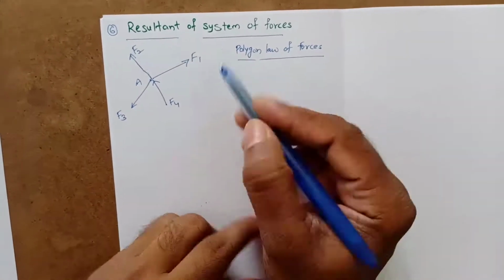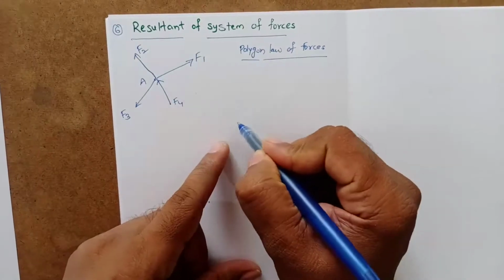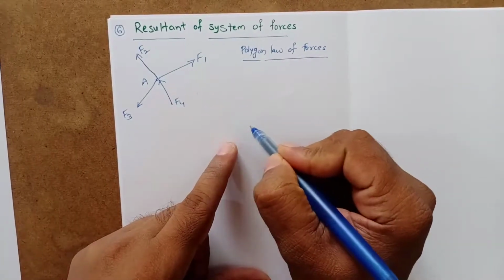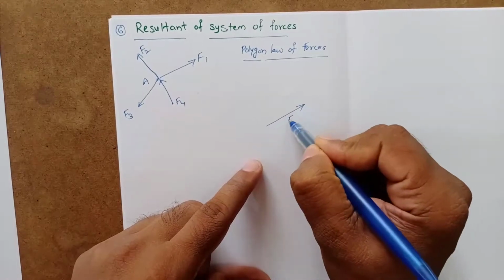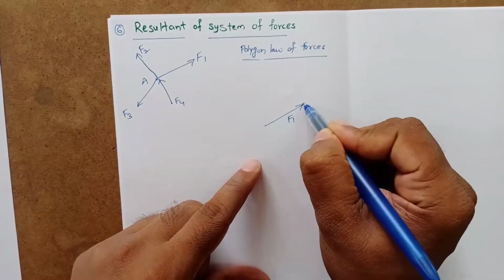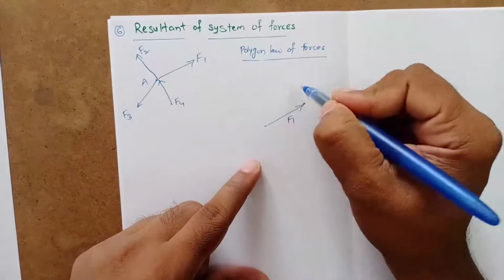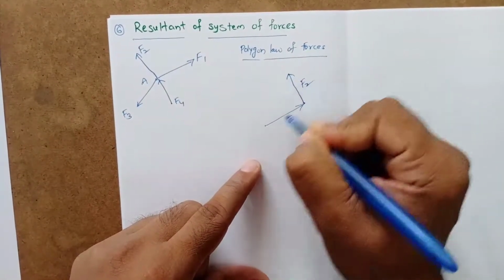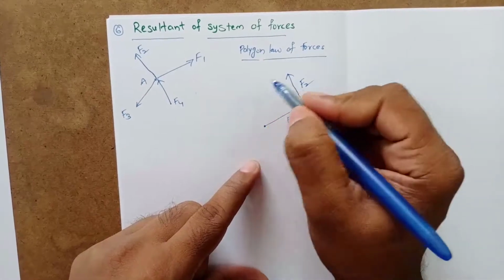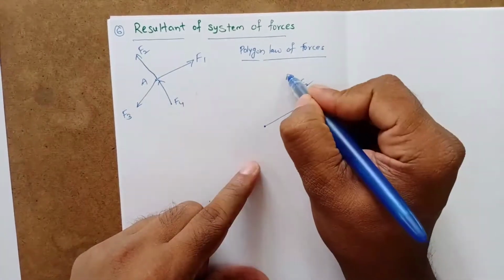Now draw this F1 like this. I considered here the same, this is F1, and from here F2 is in this direction, so this is F2, and F3 is in this direction, so let me draw this.